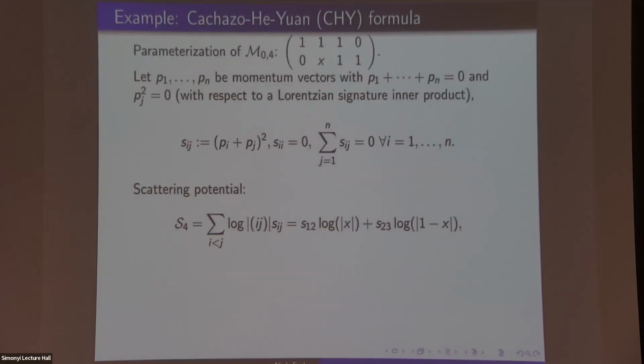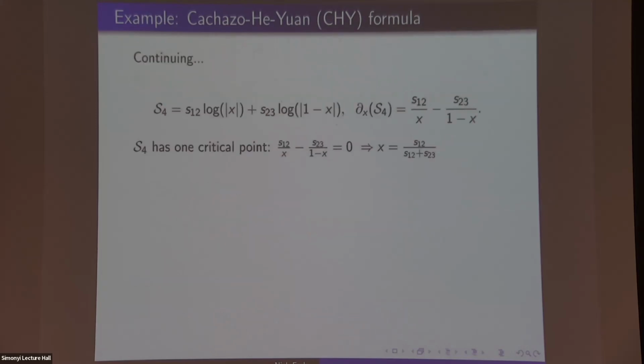So just a quick computation. Here's the n equals 4 scattering potential: S12 times log of x, S23 times log of 1 minus x. We compute the ML degree is 1. Additionally, we have the Parke-Taylor factor on 4 elements, x minus 1 times x.